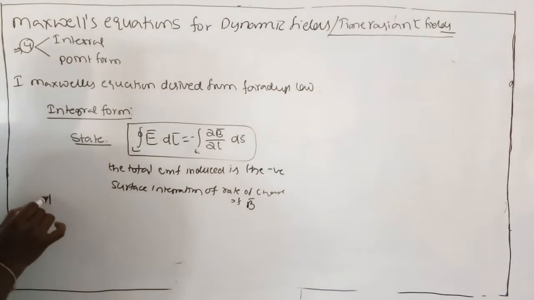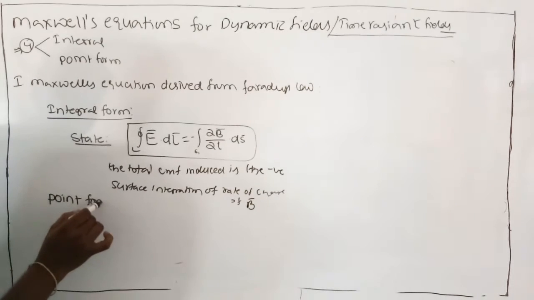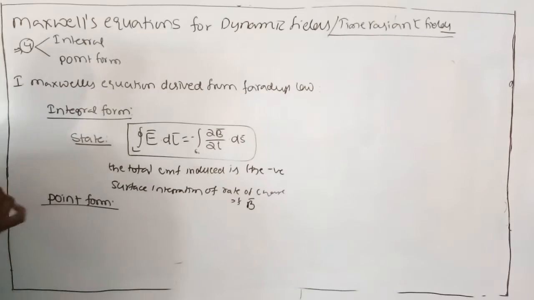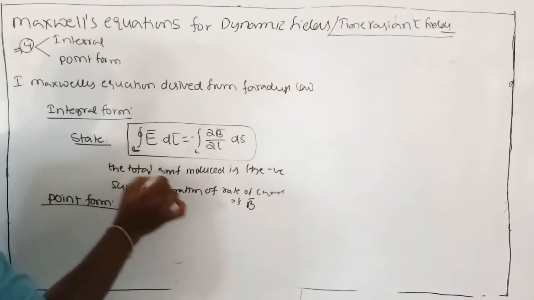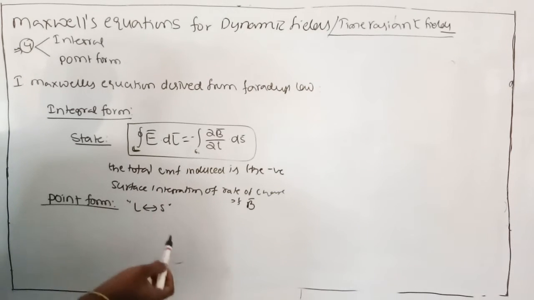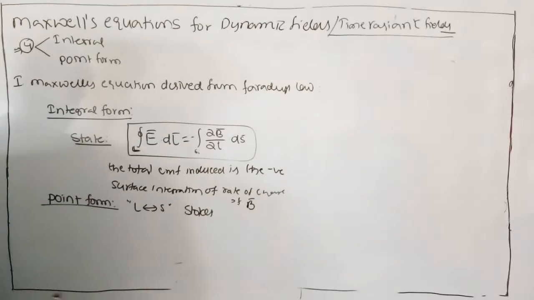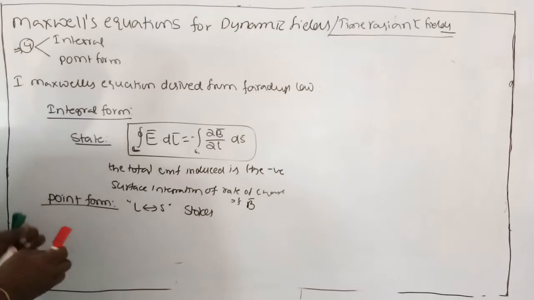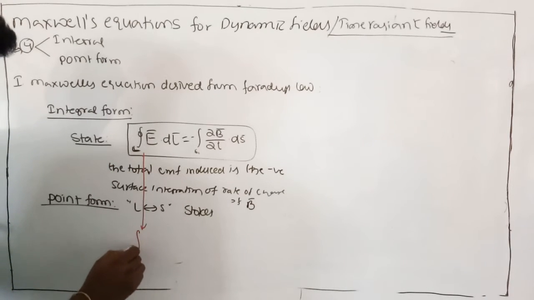Now I would like to express the same equation in point form. How can you express this equation in point form? With the help of Stokes theorem. As there is a line integration, it should be converted into surface integration with the help of Stokes theorem. If you apply Stokes theorem here, the line integration is converted into surface integration.